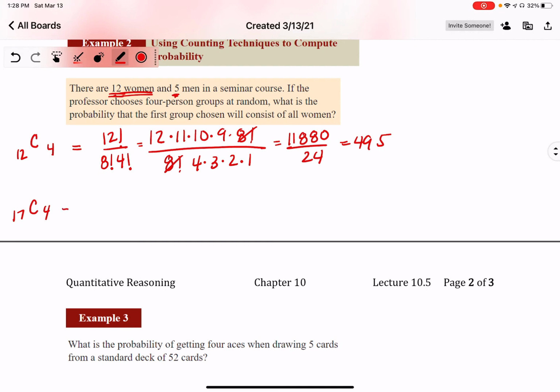And then we have 17 factorial, and then 17 minus 4 is 13 factorial, 4 factorial.